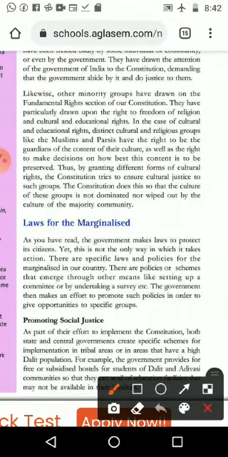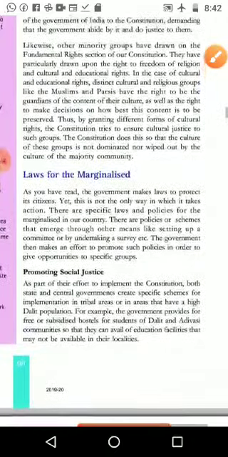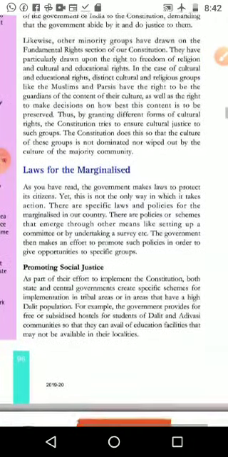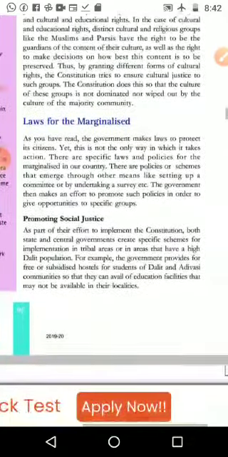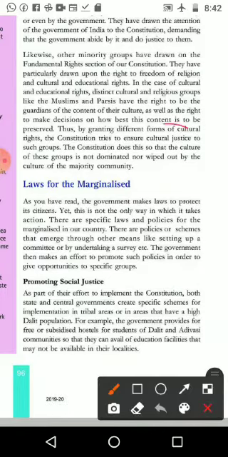So they have their own rights to protect their own culture, and they can keep some standard for that, because we have cultural and educational rights as fundamental rights. Thus, by granting different forms of cultural rights, the Constitution tried to ensure cultural justice for such groups. What we are giving, we are ensuring cultural justice.